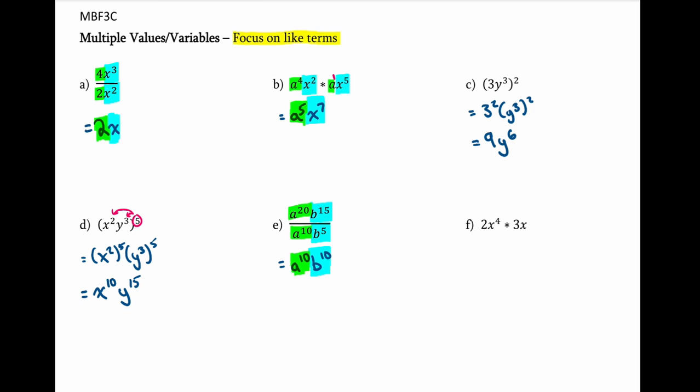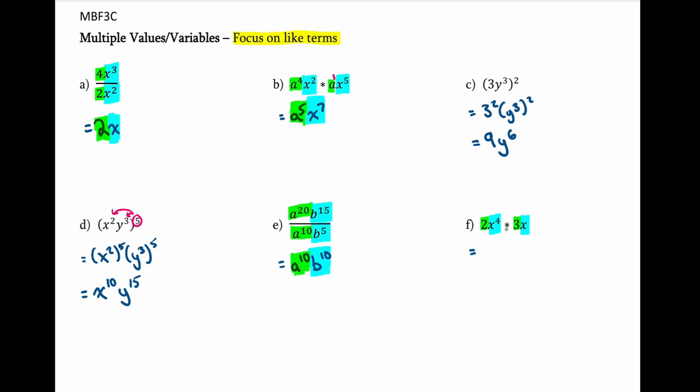Finally, for F, the last example, here I have two things being multiplied: 2x to the power of 4 times 3x. I'm going to focus again on the like parts. First we have just our plain numbers, and secondly, we have our x's.